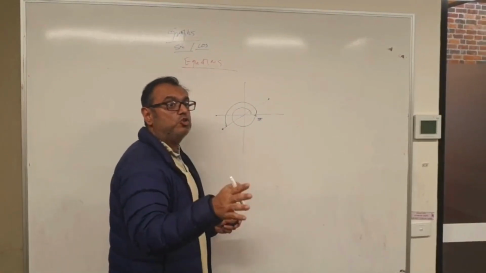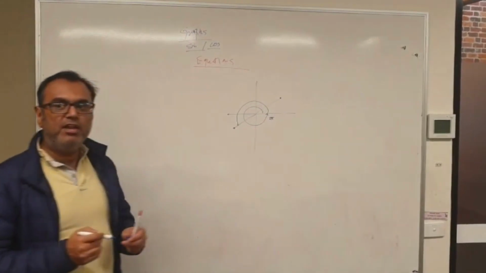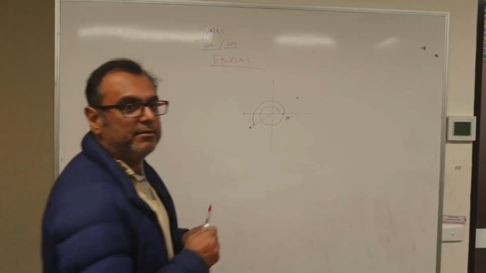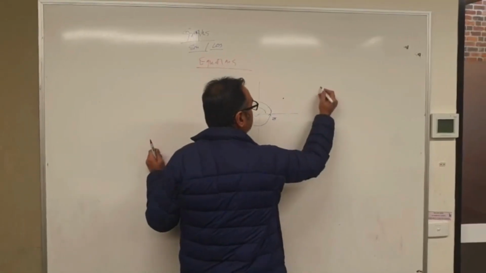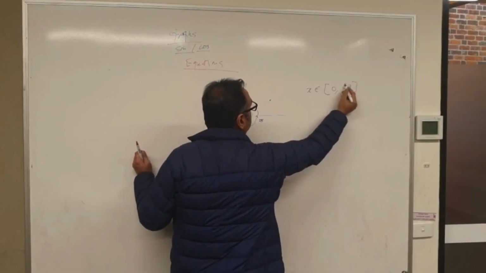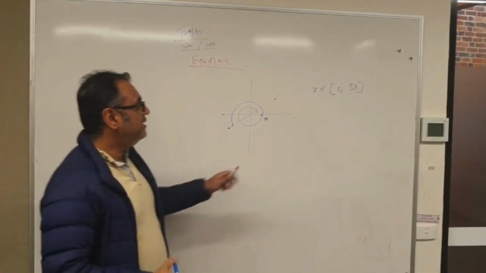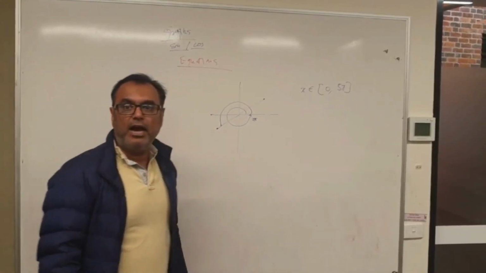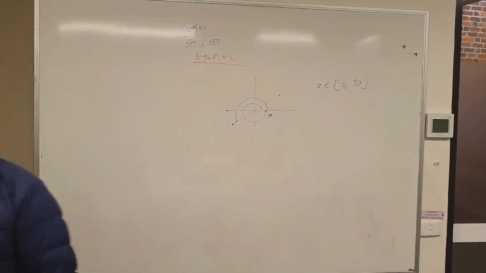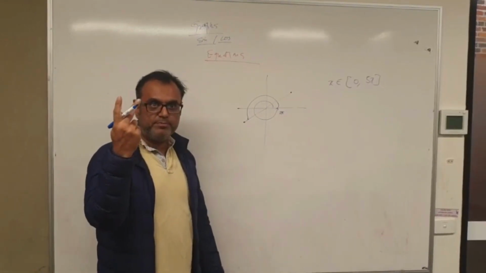If it would have been 0 to 5 pi, then how many values do you have got? 5. Why? Remember, if my domain is x belongs to 0 to 5 pi, Ayushka, look here, how many rotations am I allowed to make? 2.5. One rotation is 2 pi, so you will get two values.